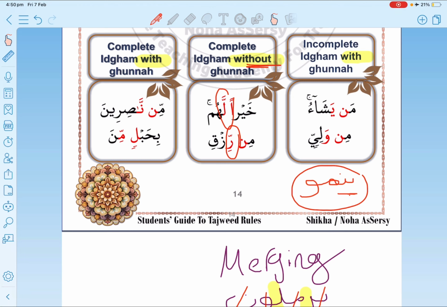So if the noon sakina or tanween is followed by ya or waw, we call it incomplete idgham with ghunnah. But if the noon sakina or tanween is followed by noon or meem, it's going to be the complete type.